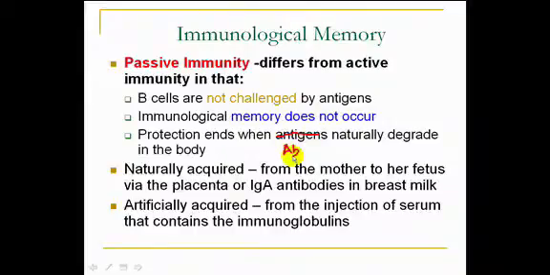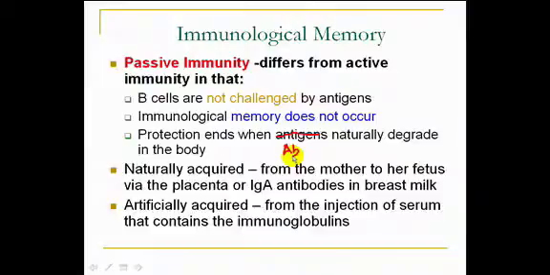You can get this passive immunity naturally. Biggest example of this is from the mother to her fetus, okay, via the placenta. So fetuses and infants do not have an immune system yet because they haven't been challenged. And it takes a while for their immune system to mature to be able to do this in life. The fetus can get protection because the antibodies from the mother can cross the placenta.